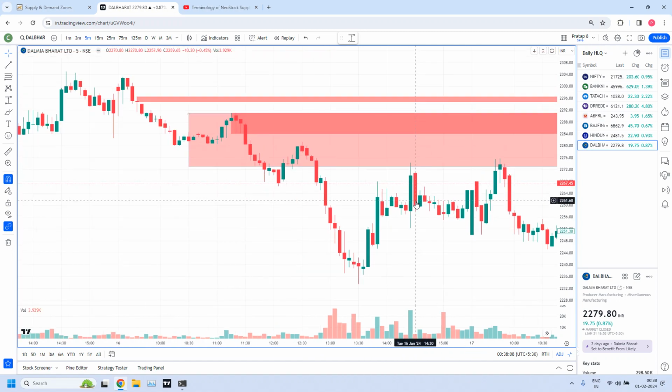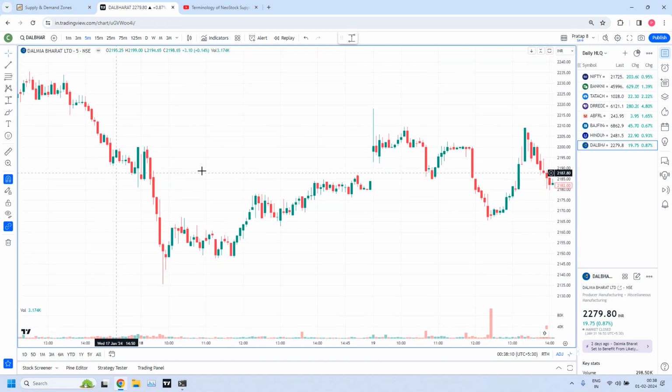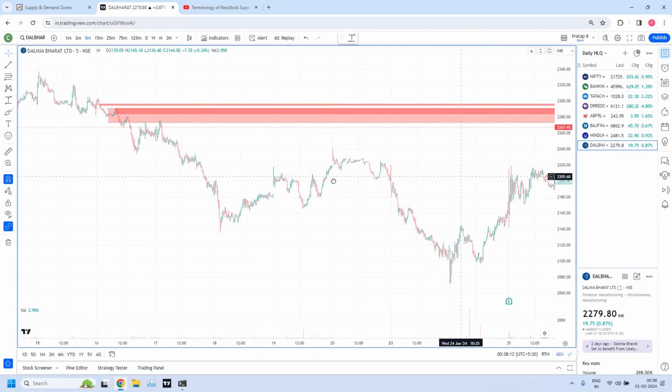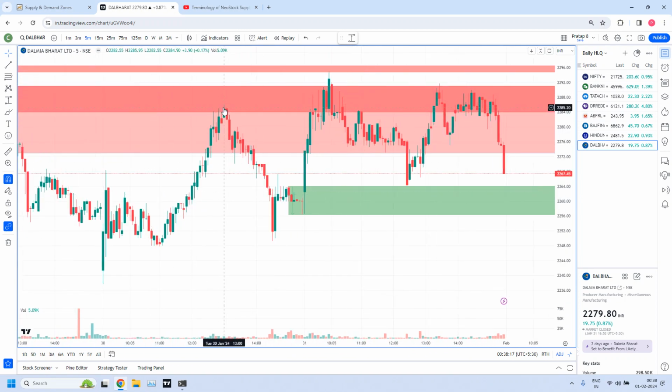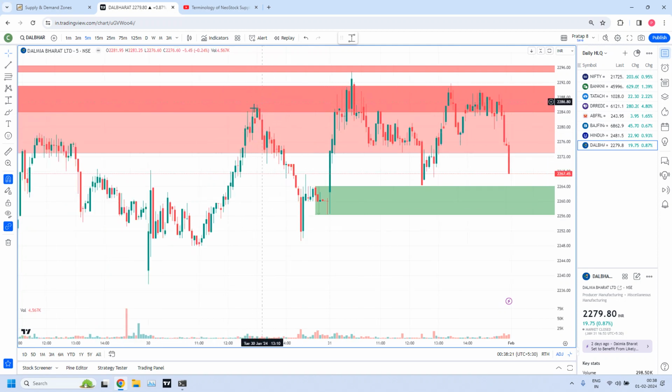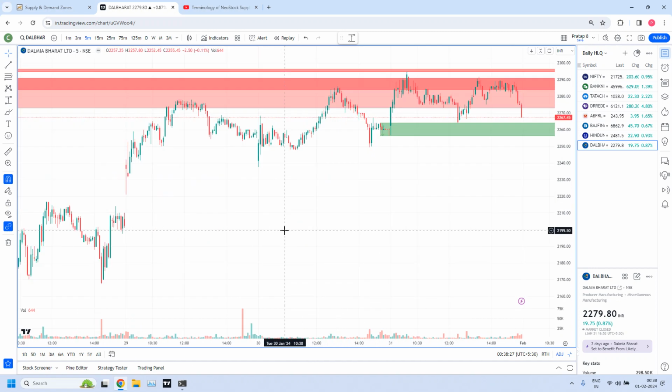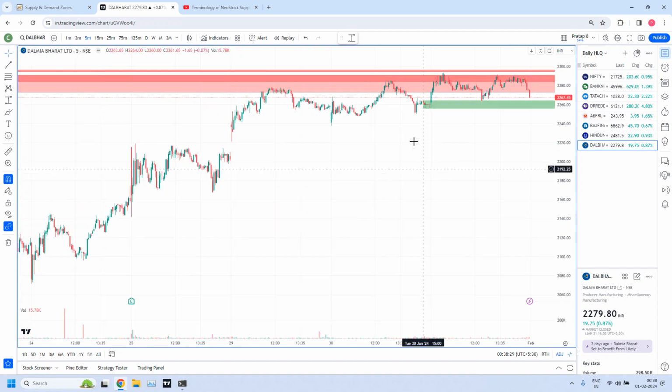And this zone is already tested once. See here, this 5 minutes zone is an already tested zone. Because it is already tested, there are higher chances this zone will be violated. But the point you have to observe is that this is a type 1 test.